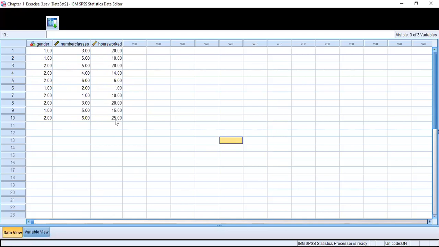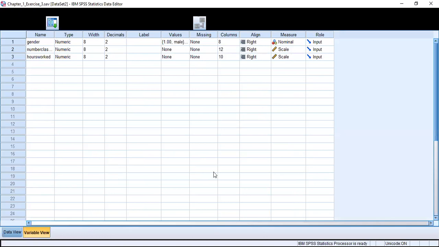Moving to the variable view to understand all this, if you look at the top, besides gender we have these balloons. This means it is nominal data. Scale is a way of understanding that the values are in either interval scale or ratio scale form.